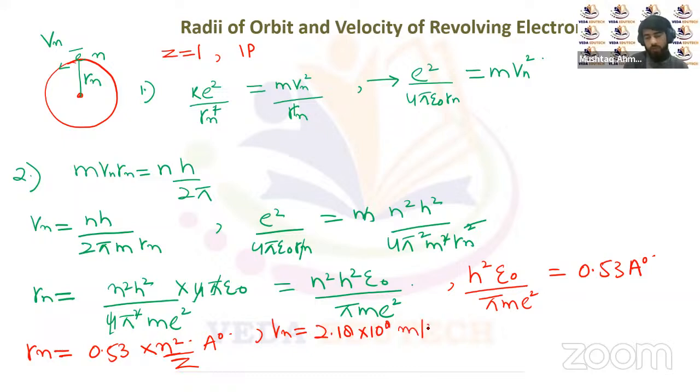Or we can derive it directly from this equation, to establish the dependence of the velocity on the principal quantum number n. We can put the value of r in this equation to get the value of vn.